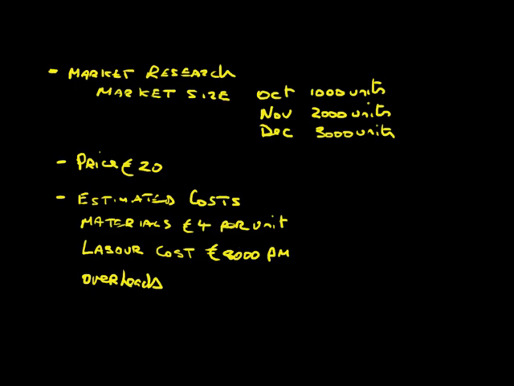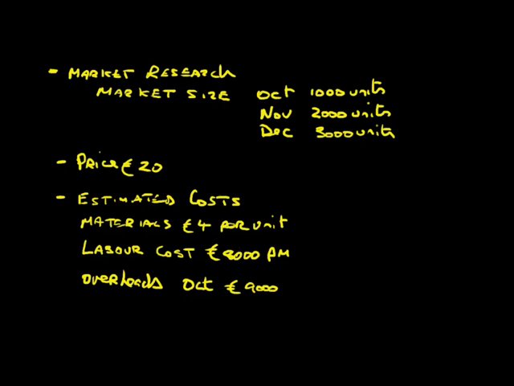The overheads are more difficult. We would have to do some fairly detailed research, talking to various people in business or talking to estate agents about the rent, so it's more difficult to calculate in advance what your overheads are going to be. While it's difficult, it's not impossible. So let's say we have done that, and we've decided that in October our overheads, all the various other costs that we're going to have in our business, will amount to 9,000.